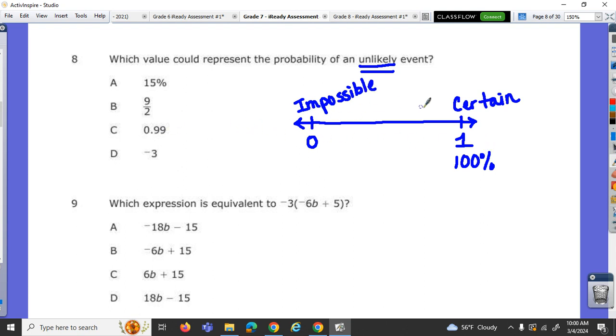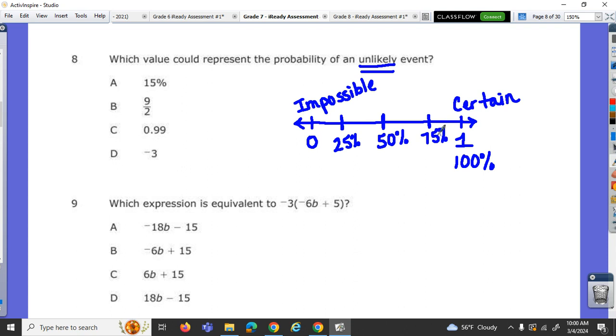So in between here are other benchmarks, like if we put in the middle a 50-50 chance, 50%. And there's other benchmarks we could put. We normally put our quarters, right? Like 25% chance and 75% chance.